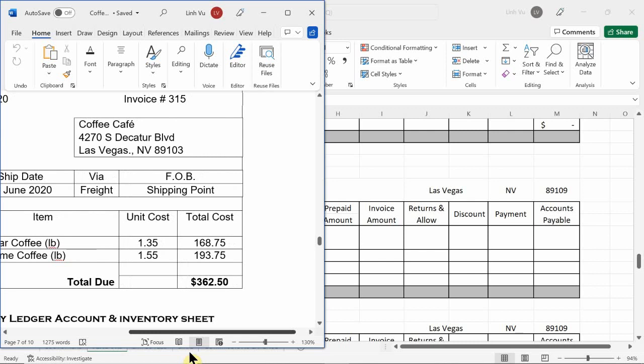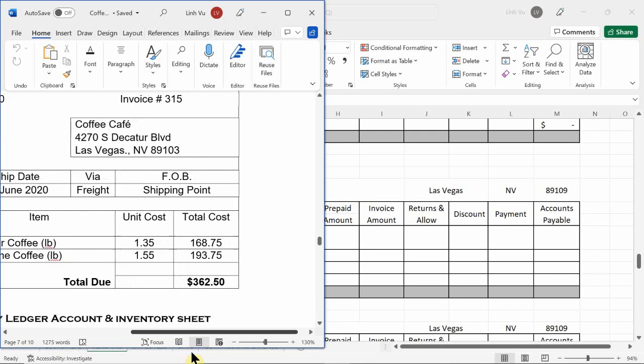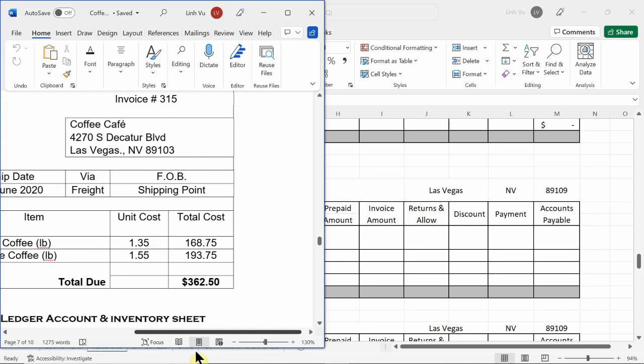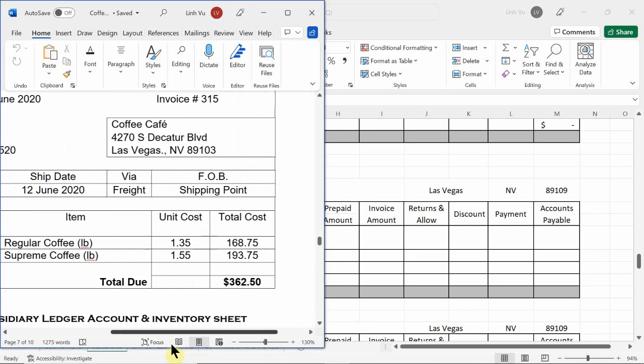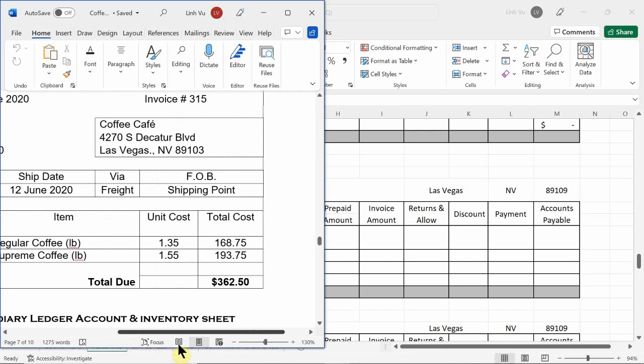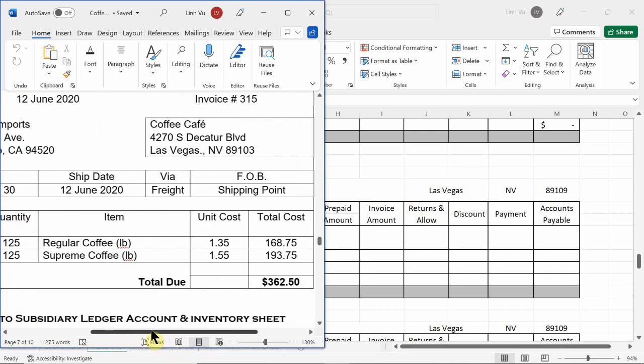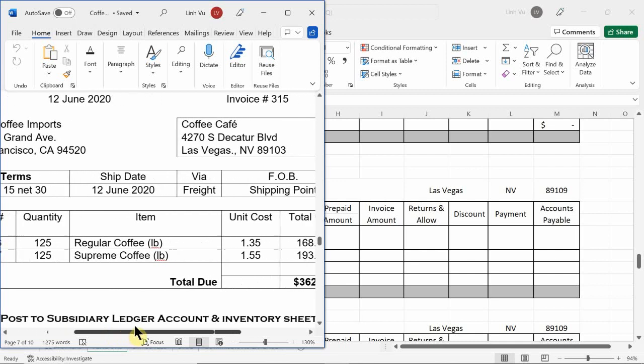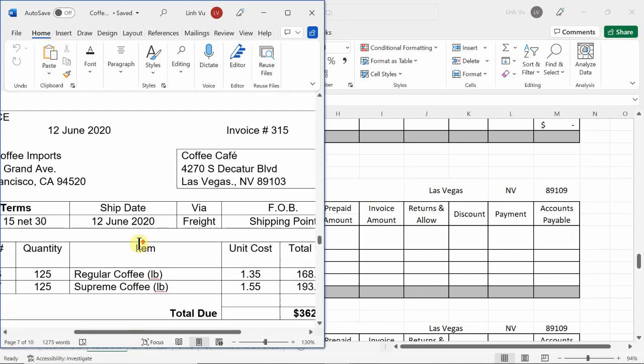Here's the cost per item: 135 for regular, 155 for Supreme, giving us a grand total. So here is the grand total amount that is due, which is $362.50.